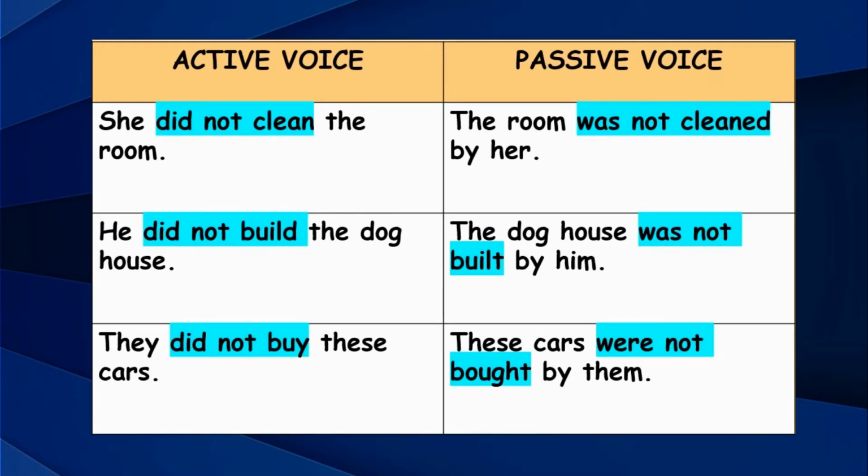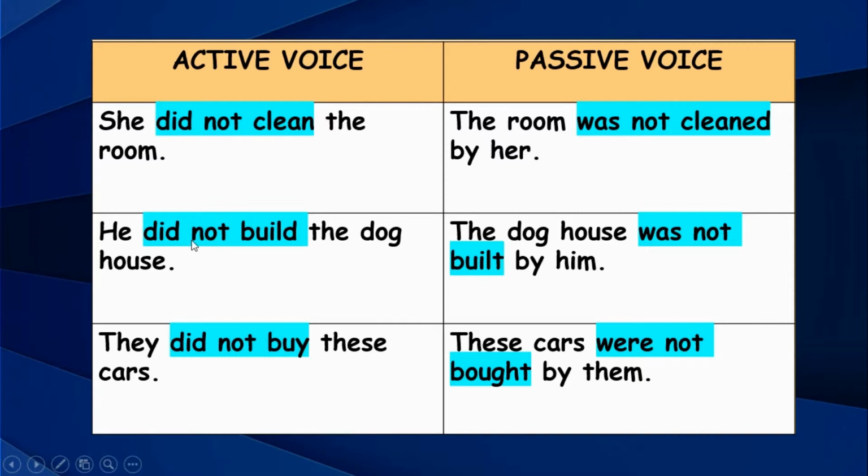Understood? Look at these sentences. She did not clean the room. Did plus not plus V1. Okay, so the room, object, has become its subject here. The room was not cleaned, V3, by her.